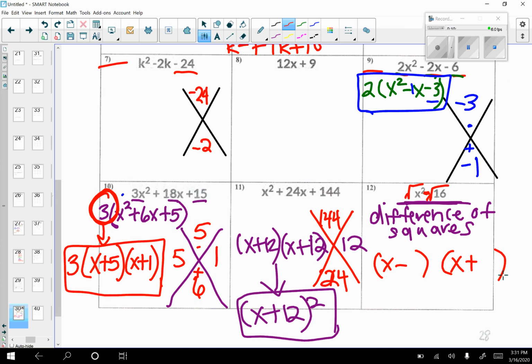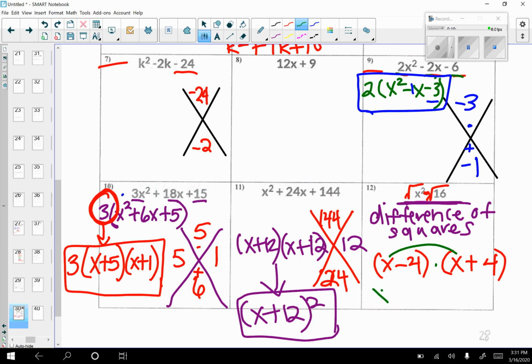Now, we've seen this in the reverse form. So the square root of x squared is x, and the square root of 16 is 4. So we can break it up in the form x minus 4, x plus 4. Why? Because this should look familiar. Remember what Ms. Cullen said, that the only time you take a binomial times a binomial and do not get a trinomial is when you have something that will cancel out.